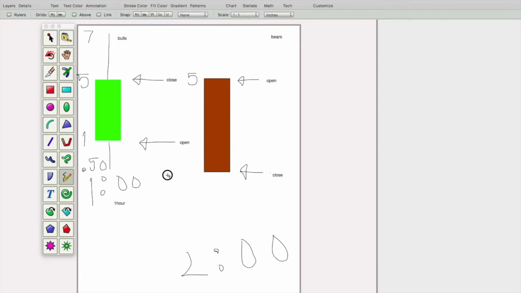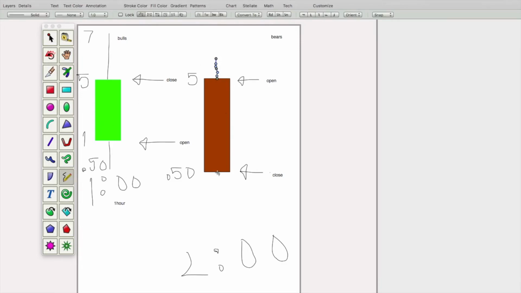Let's say this was the low of 50 cents. So price opened at $5 and dropped all the way down to 50 cents. Open, close. Now with these candles, it's the same concept. The wicks resemble basically a footprint of price.